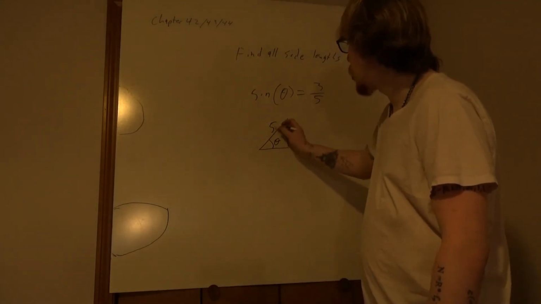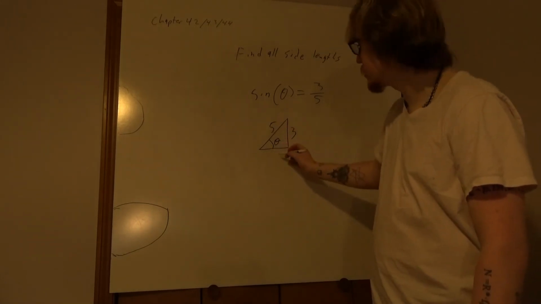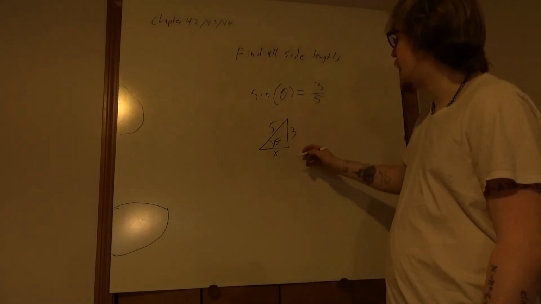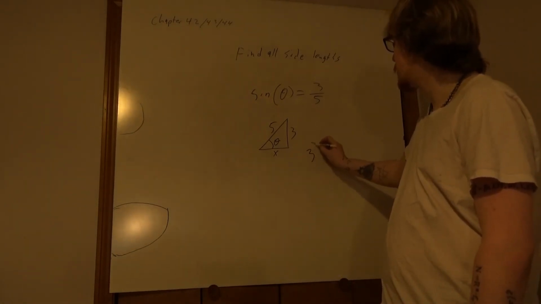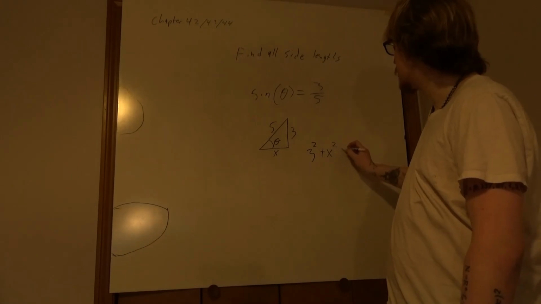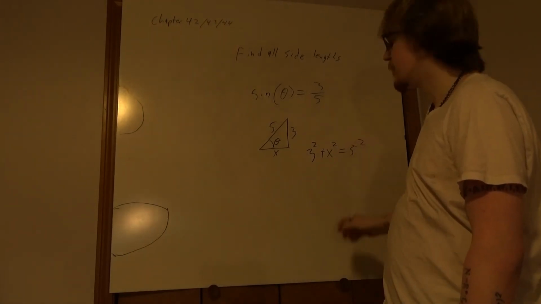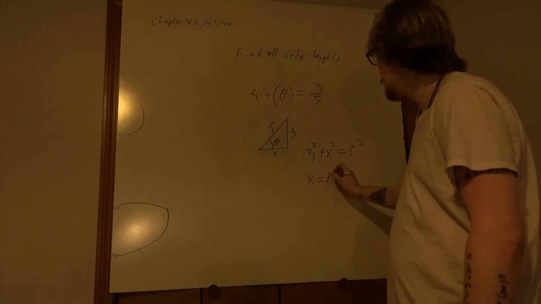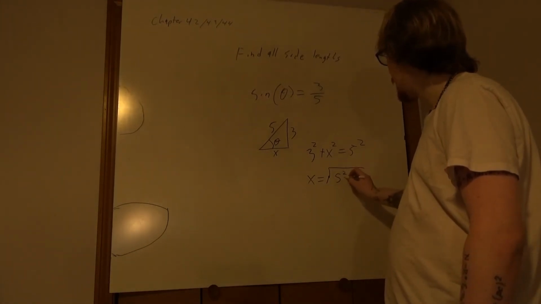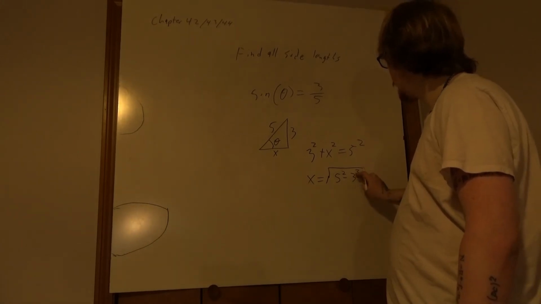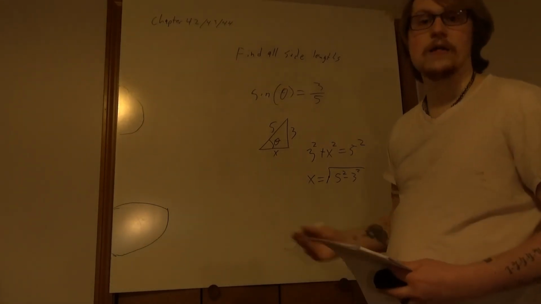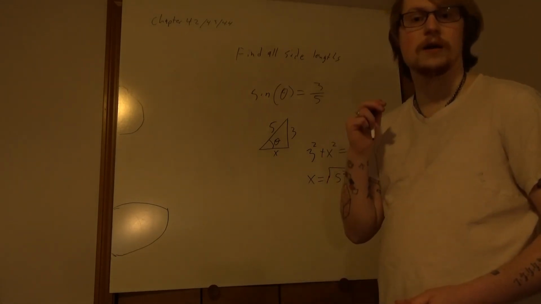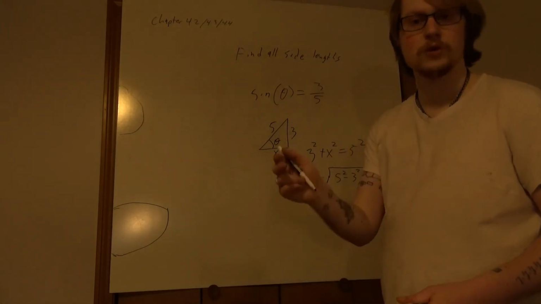So we basically know 2 of the 3 side lengths, and the last thing we have to solve for is the third length. Using the Pythagorean theorem, we know that 3 squared plus x squared has to equal 5 squared, or x has to be the square root of 5 squared minus 3 squared. Again, this is from the beginning of this lecture: if you know the side lengths of any 2 sides of a triangle, you can figure out the third.